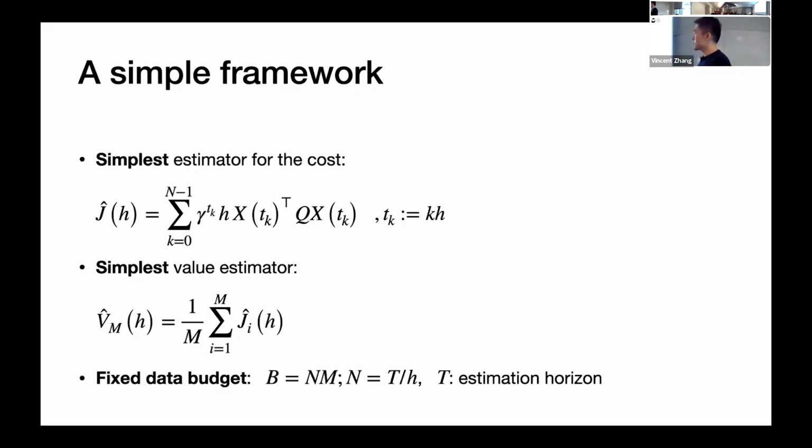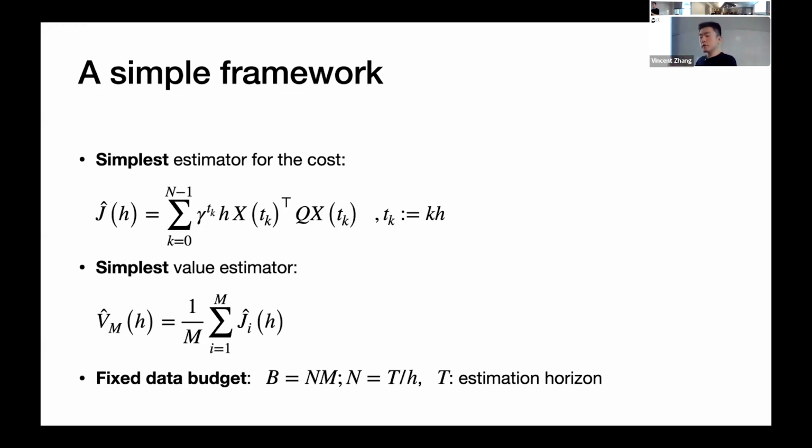And remember that we have the fixed data budget denoted by B that equals n times m. So here, the n is the number of data points on each trajectory. And the m here, as I said, is the number of trajectories you have. And so this estimation horizon T is where your data can cover. Given finite system horizon, they're the same thing.